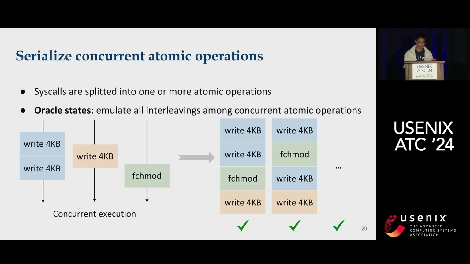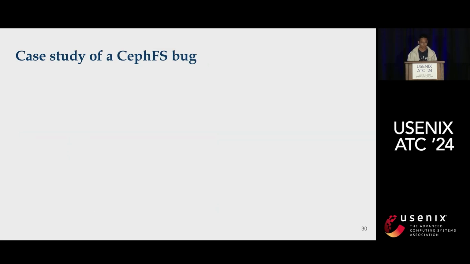Otherwise, it's a semantic bug. For example, here we can have multiple sequences, like two fork writes followed by file change mode and then a fork write, and then a fork write followed by file change mode and two fork writes, right? And some other sequences.